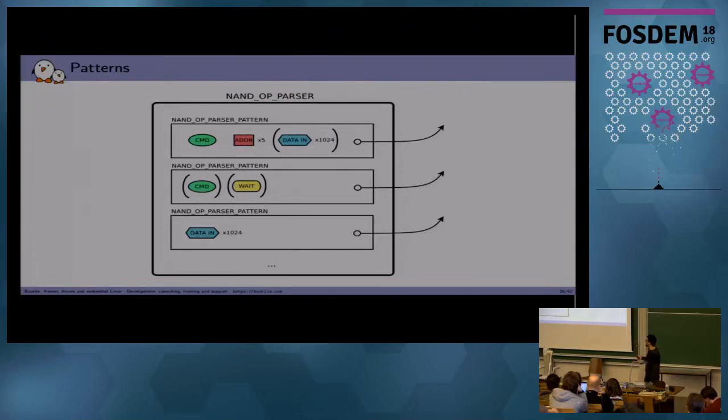The numbers here are actually the maximum number of this kind of cycle that you can achieve, because there are some limitations for that in the current controllers. The second one can either assert a command cycle or a wait cycle or both. And the last one can just do some data transfers.